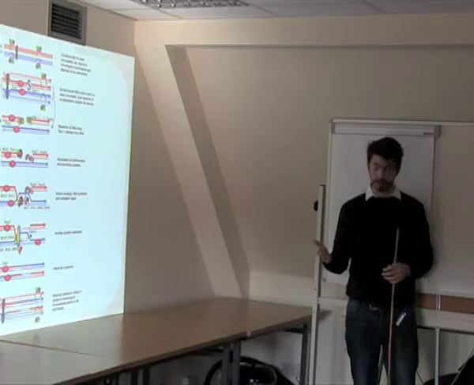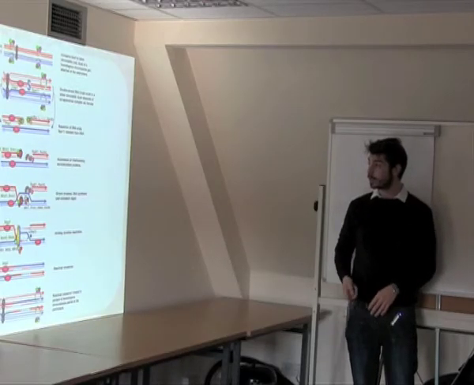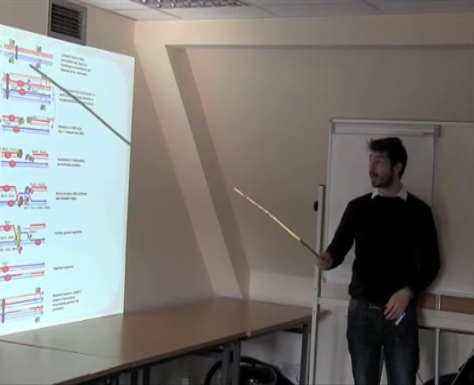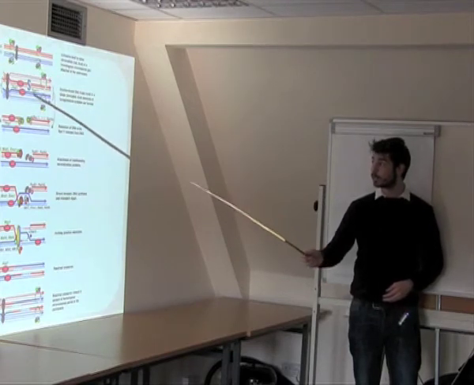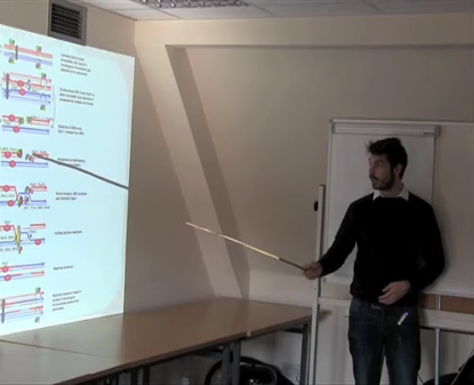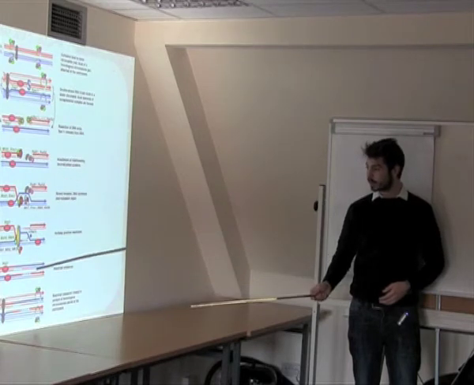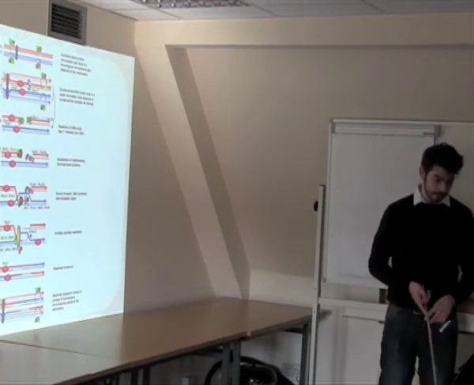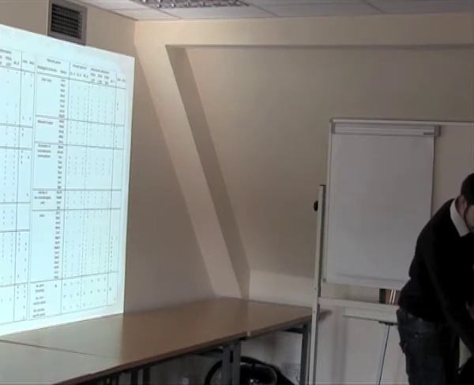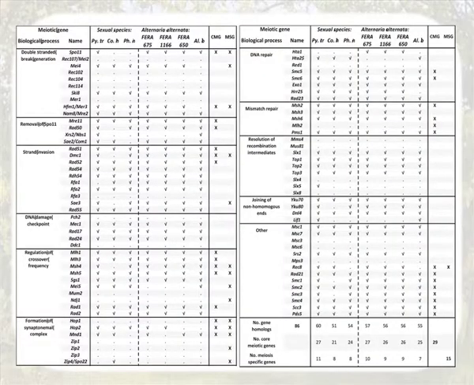So recombination is required for meiosis to occur. And the genes associated with the process have been relatively well characterized, and total approximately 80 genes which are involved in this event.